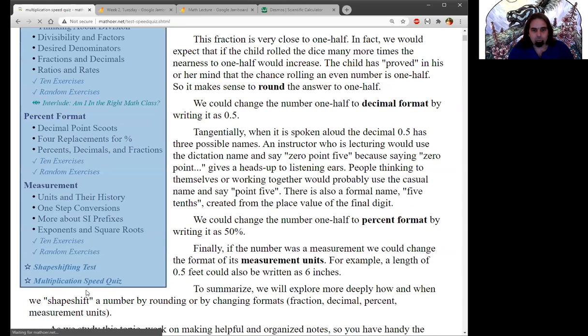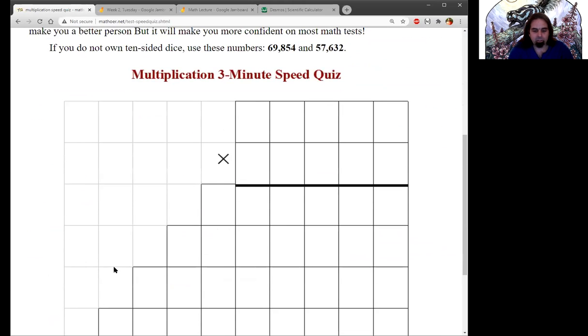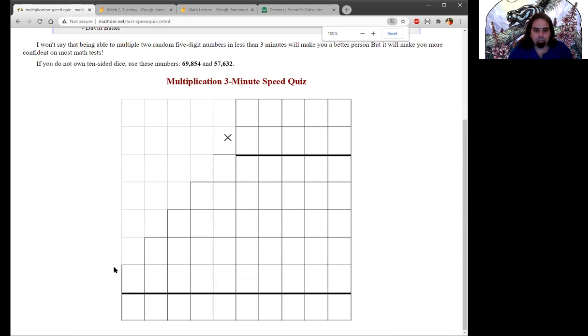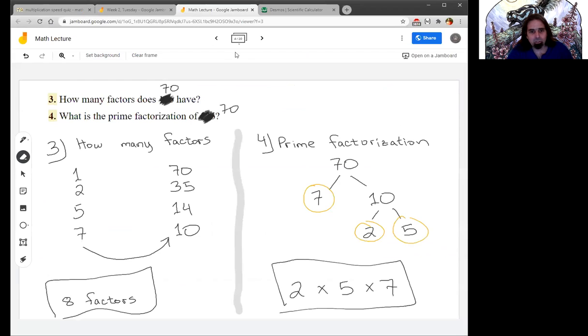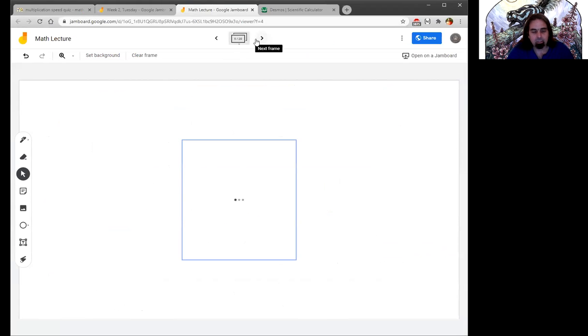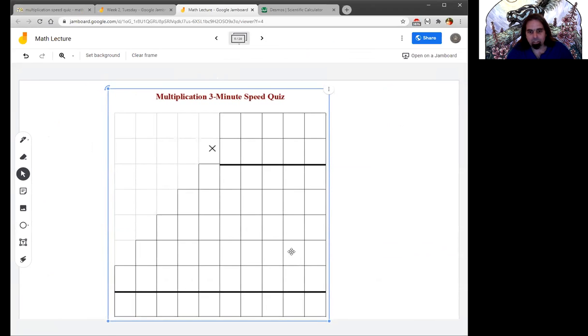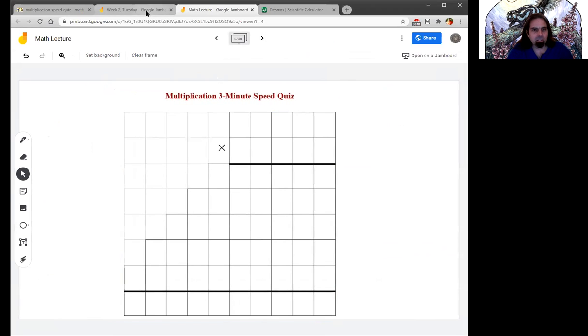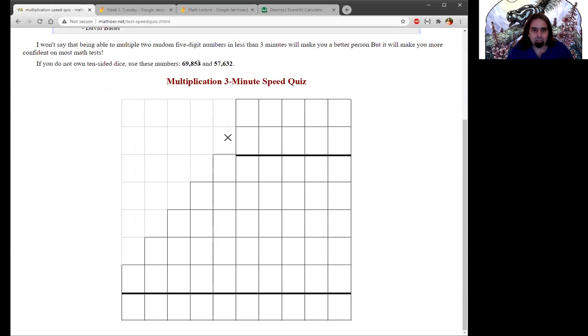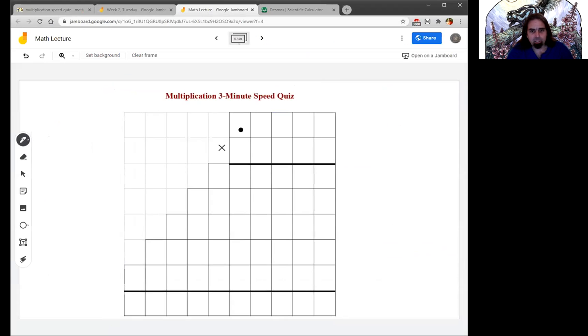There's also this multiplication speed quiz, which I have to shrink to fit on the Jamboard. So if you are rusty on your times tables, we saw last week the factor game, which was the fun way to practice, but sometimes you just want to practice.